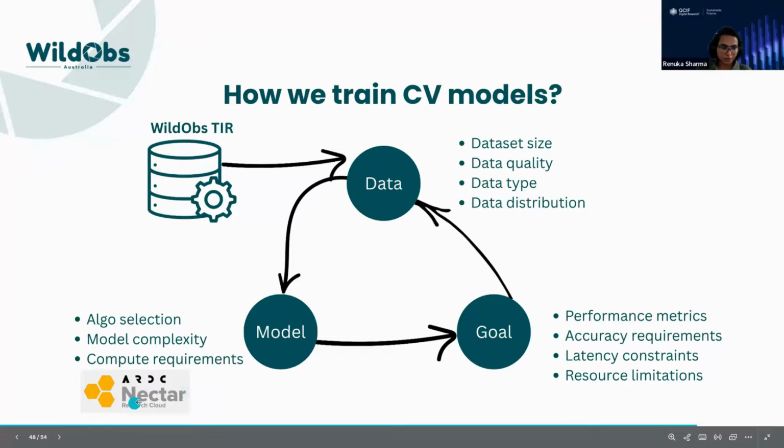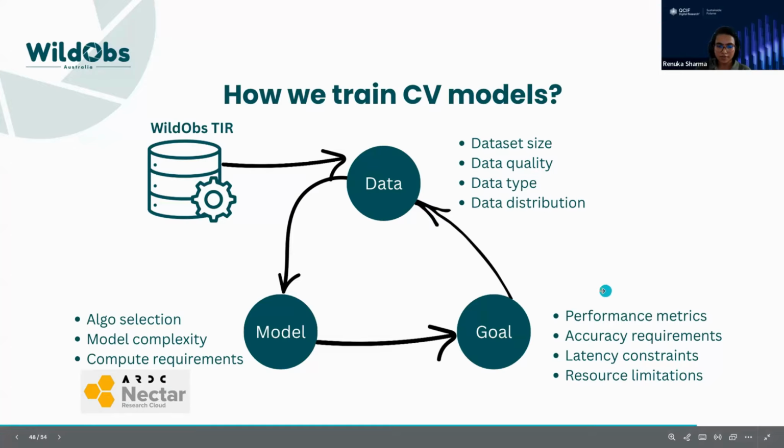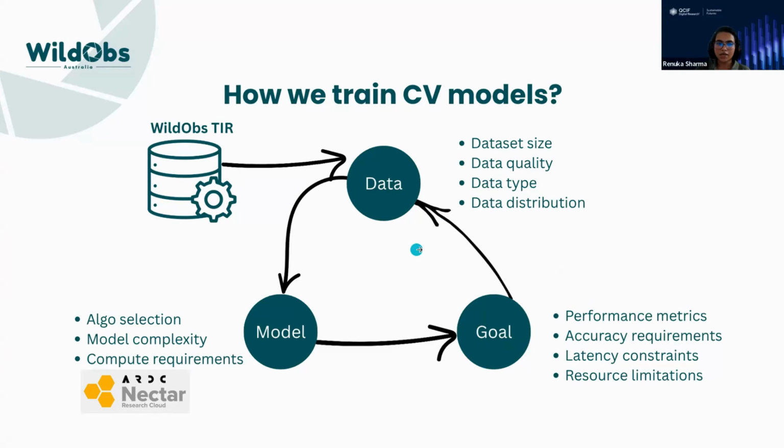Right now, we're using the compute from ARDC Nectar, and we train the models, and the goal is to have high-performing, highly accurate models, and also it should have low latency and follow our resource limitations. If we are not satisfied with it, we go back to curating a much better dataset.